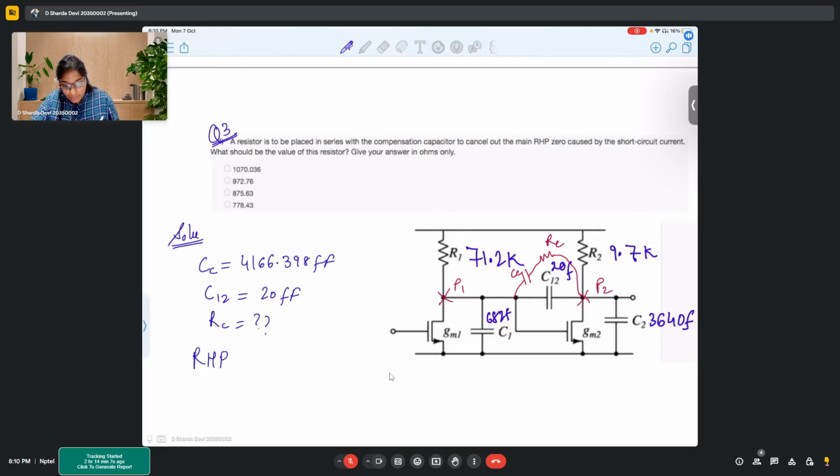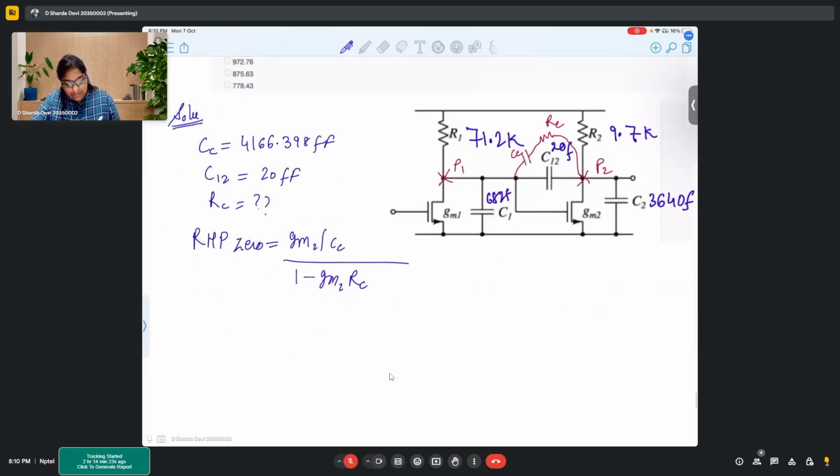The right hand side zero is given by GM2 by CC upon 1 minus GM2 RC. So we want the right hand side zero to be infinite.